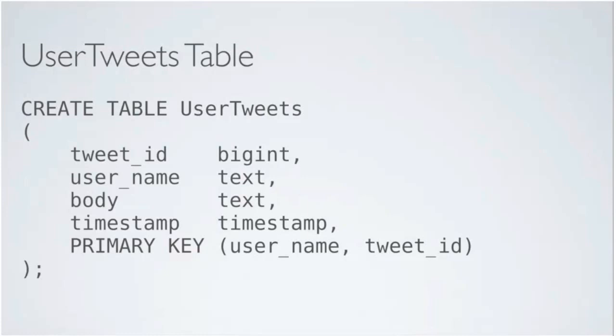Under the covers in the storage engine, this creates one row where the row key, the key that will allow us to identify that row uniquely and efficiently in the cluster, is username, and the tweet ID is used as a prefix for the other columns. So CQL3 here will present us with one row for each user tweet. Under the covers, multiple rows will be stored on one storage engine row.